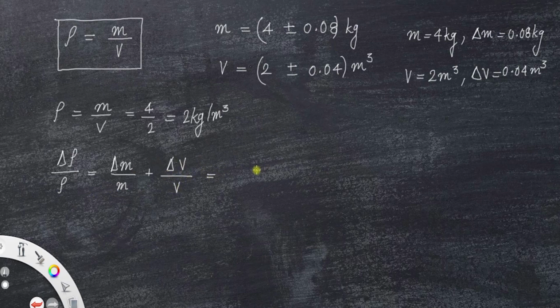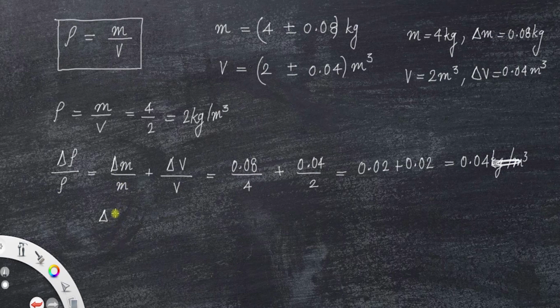This is equal to 0.08 upon 4 plus 0.04 upon 2, which is equal to 0.02 plus 0.02, which is equal to 0.04. Don't write the unit in here because relative error has no unit. So delta rho by rho is equal to 0.04.